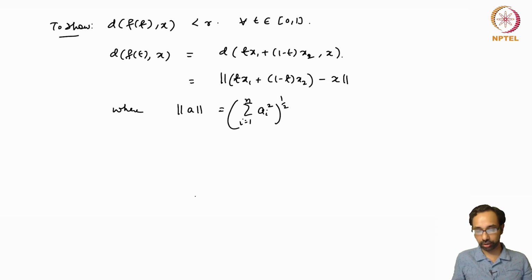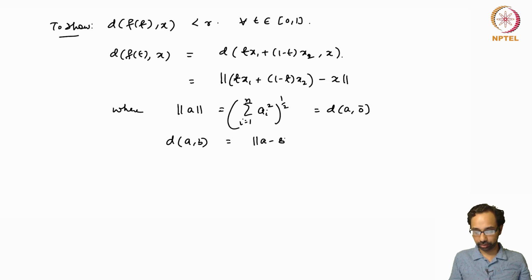This is just the Euclidean norm, and it is the distance of a from the origin in R^n. And if you take any two points, let's say a, b, the distance is nothing but the norm of a minus b, and you can directly check this from the definition of the Euclidean norm and the Euclidean metric on R^n.